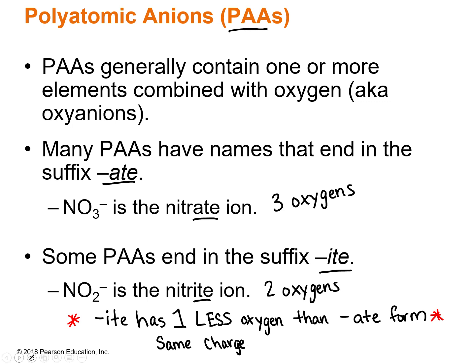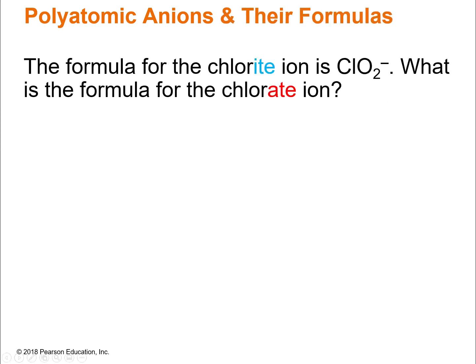So let's put that to work. We've got the chlorite ion, and it's ClO2 minus. What do you think is the formula for the chlorate ion? You can think it over and put your answer in the chat.